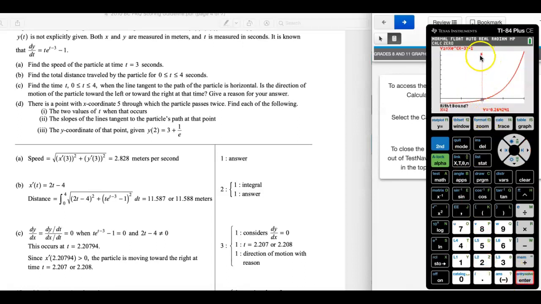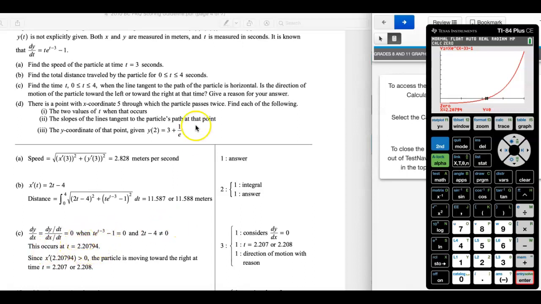For the right boundary, I type in 3 and hit enter. Essentially, I'm telling the calculator that the x-intercept is between these boundaries. As for a guess, I'm just going to hit enter because I'm close enough. And you get 2.2079. So your value here is 2.20794, as they have it listed.